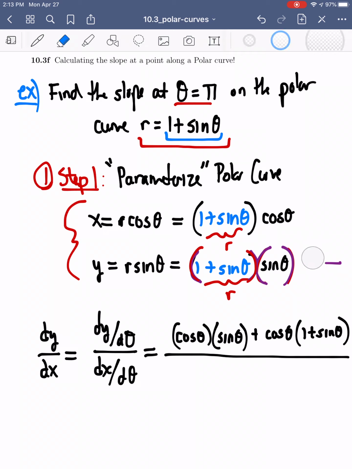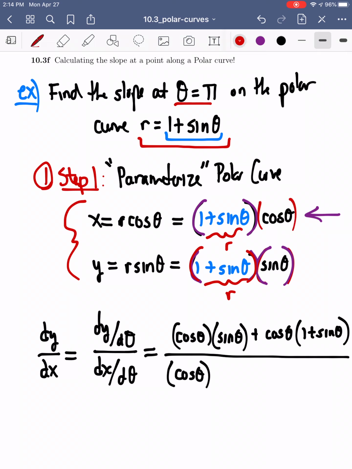So let's look at that second equation now. Looking at the x equation, we'll take the derivative of the first piece, the derivative of 1 plus sine theta. Again, that gives us a cosine. And then multiplying it by the second piece, which is our cosine again.